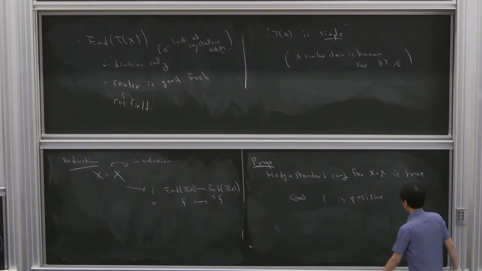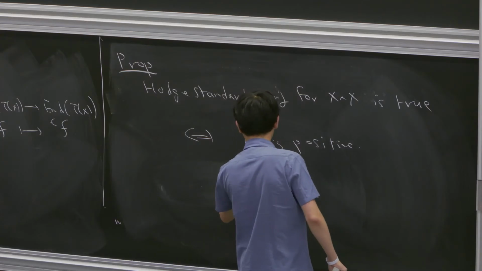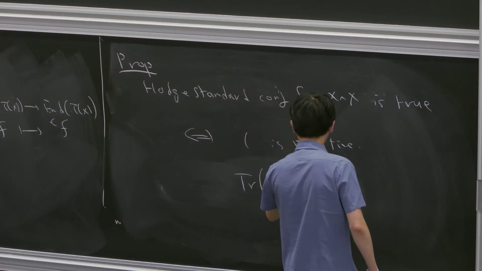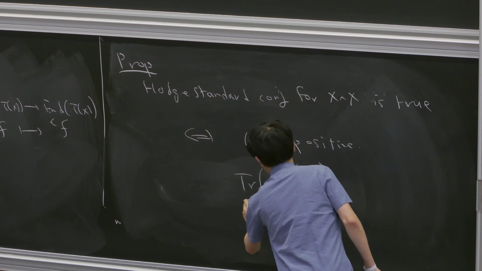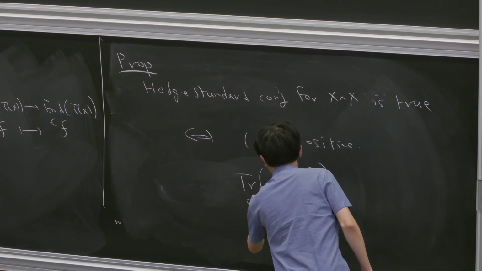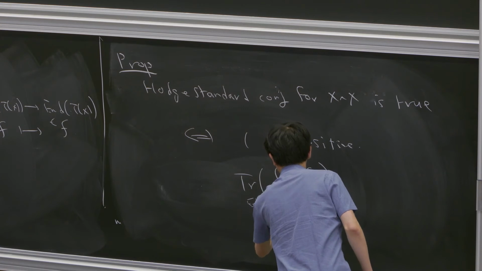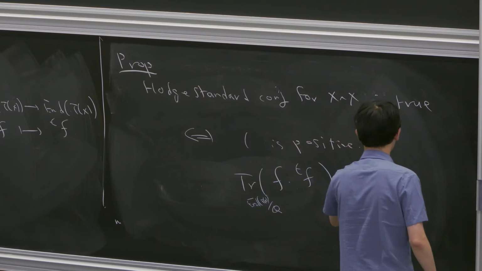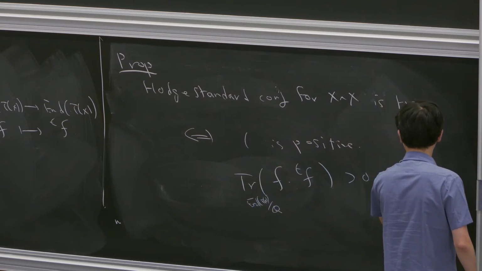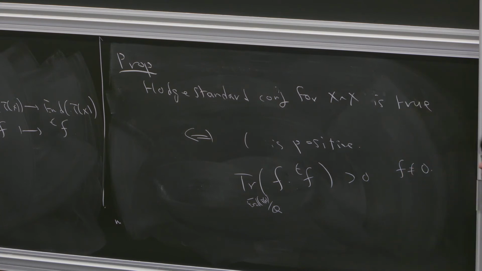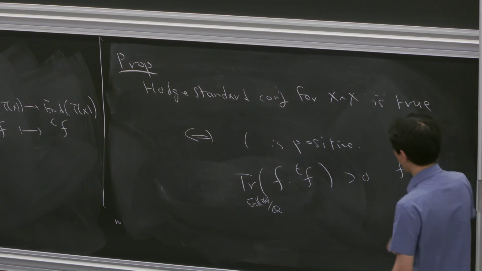That means the trace of f iota(f) is positive for non-zero f. This is a rational number.